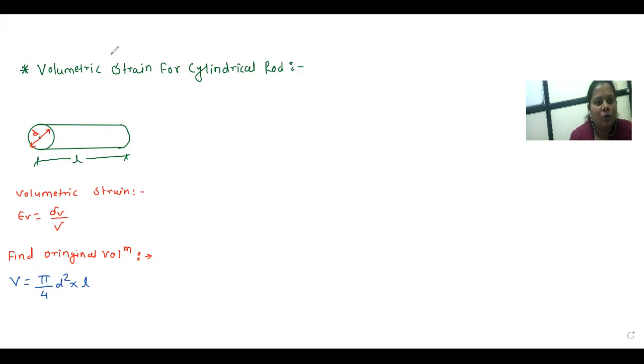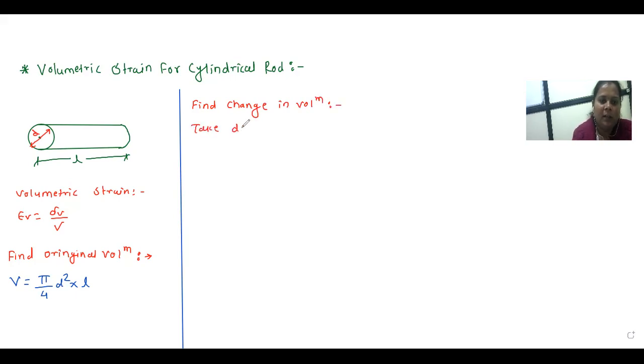Now we will find out change in volume. Whenever we find out change in volume, at that time you have to take derivative of this original volume.